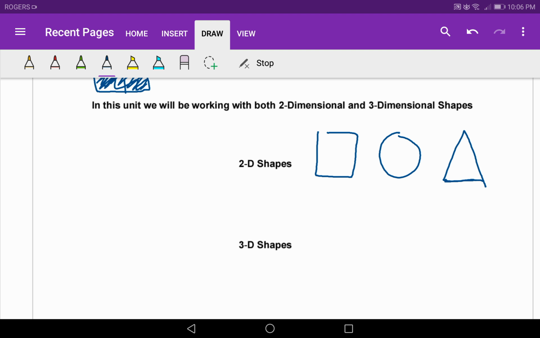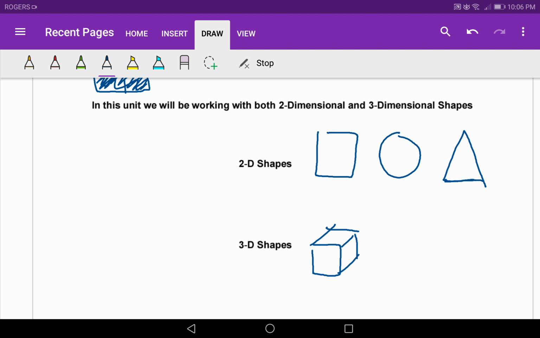Anything that's 3D will seem like it's popping out of the page a little bit. That's my sad attempt at drawing a cube there. That would be considered a 3D shape versus the 2D shapes that I drew above.